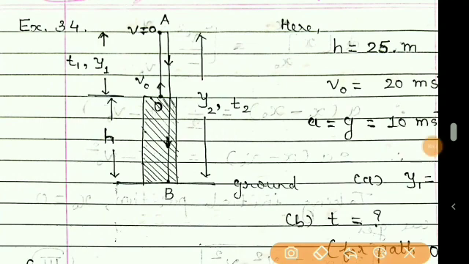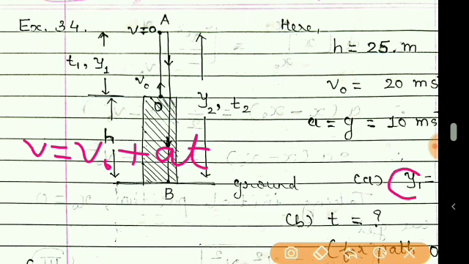Now students, one thing more, how we will know which equation is to be used out of the three equations. We know that the first kinematic equation is v is equal to v naught plus at. Now what do we want to find here?